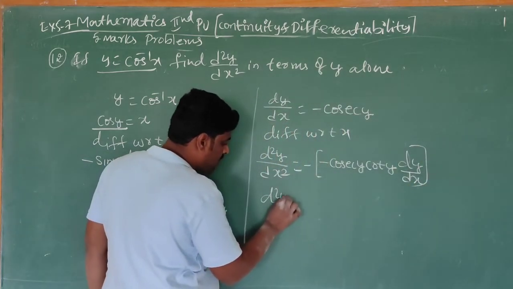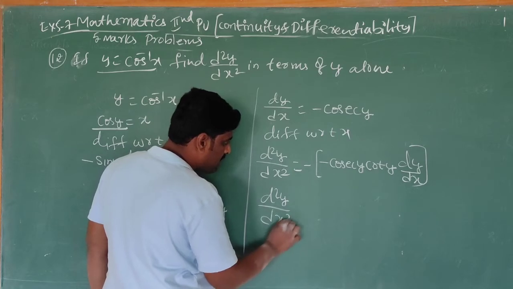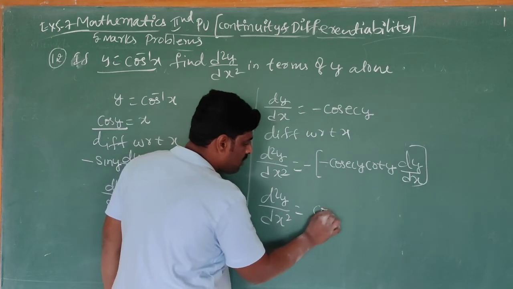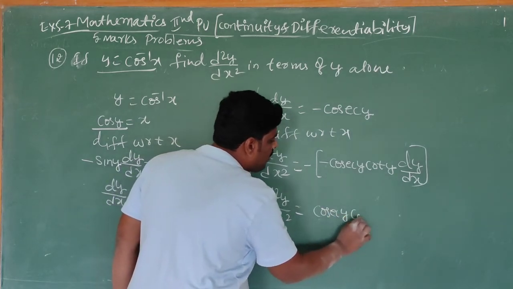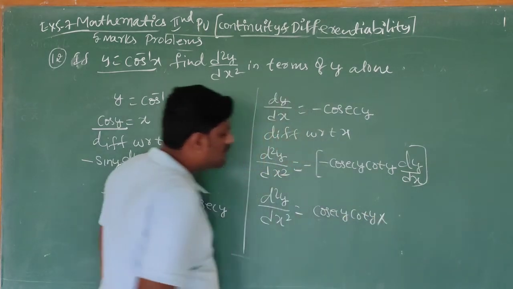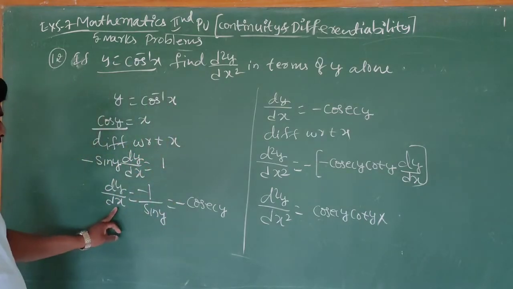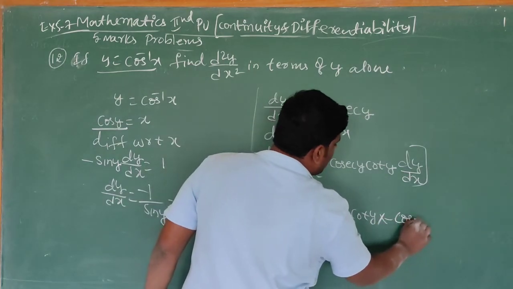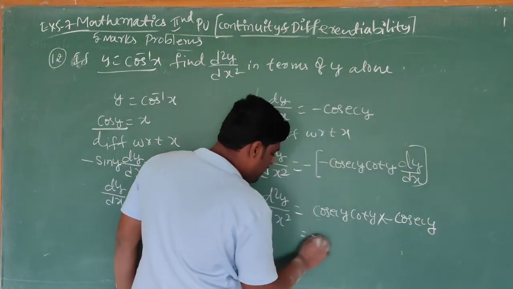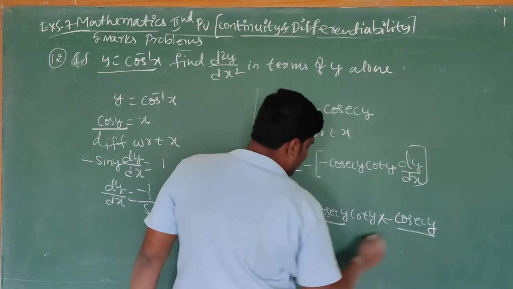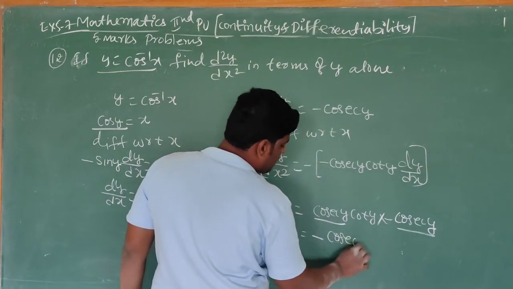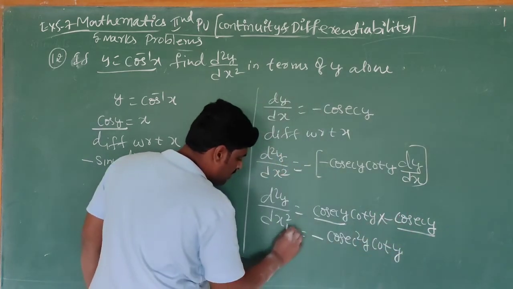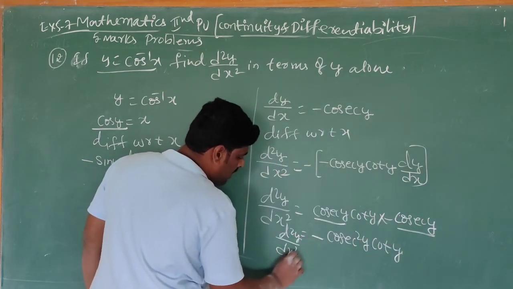So d square y by dx square is equal to minus into minus, plus cosecant y into cot y. Substitute the dy by dx value. dy by dx value is how much? Minus cosecant y. So minus cosecant y into cosecant y, cosecant square y into cot y. This is d square y by dx square.